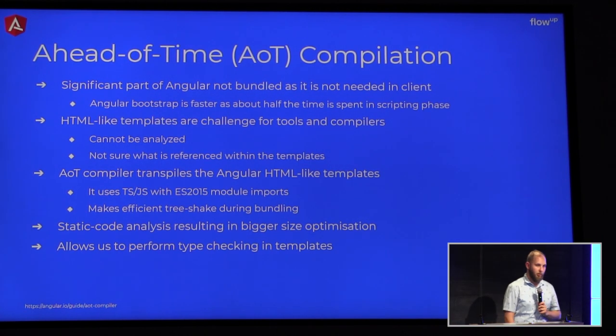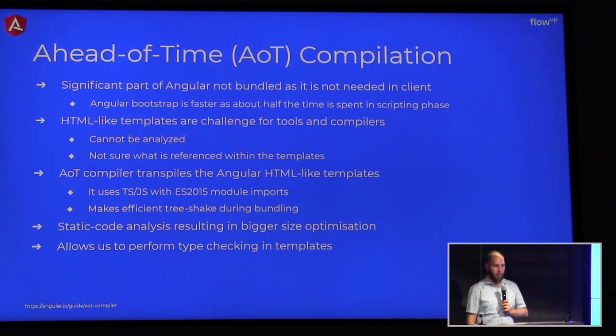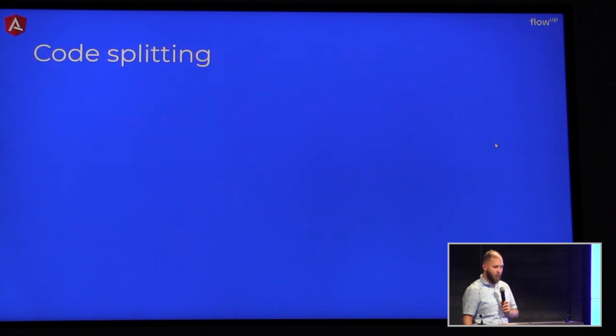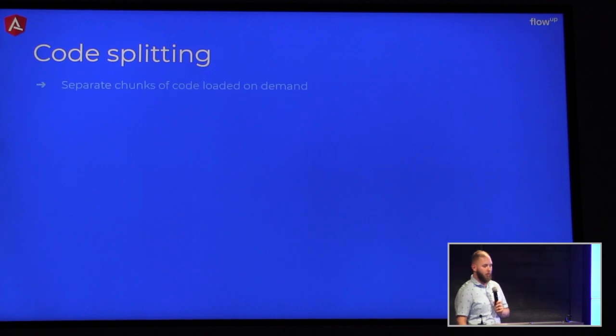That's something that Angular has built in, and many others don't allow this because they don't compile ahead of time, so they cannot type check the templates at all. So code splitting. It is a good thing to actually separate your code into chunks, and they are then loaded on demand.